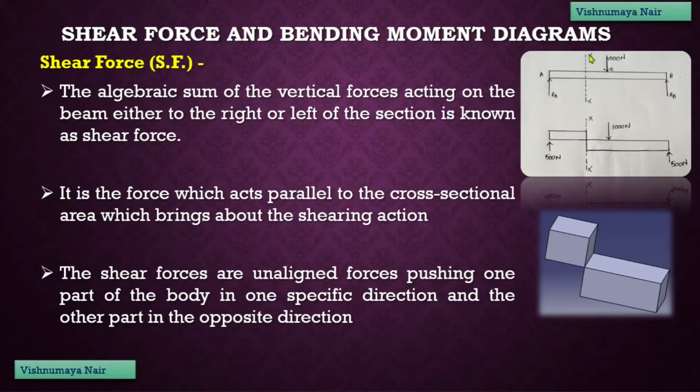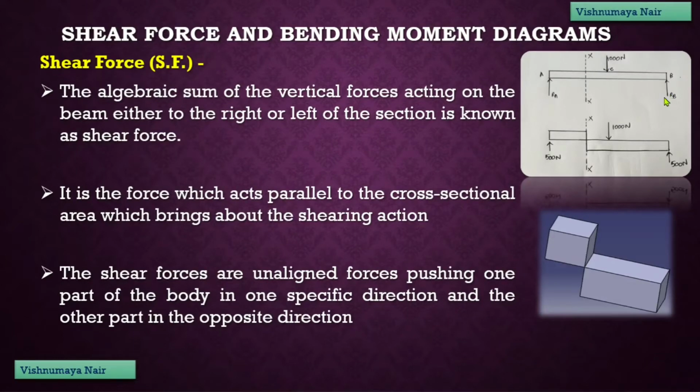Now consider a section XX which splits this beam into two portions. On the left side of this section, we have just one reaction force which is equal to 500 Newton and it's acting upwards. So here we do not have to take any algebraic sum of the vertical forces since we have only one vertical force here. Now on the right hand side of the section, we have two vertical forces.